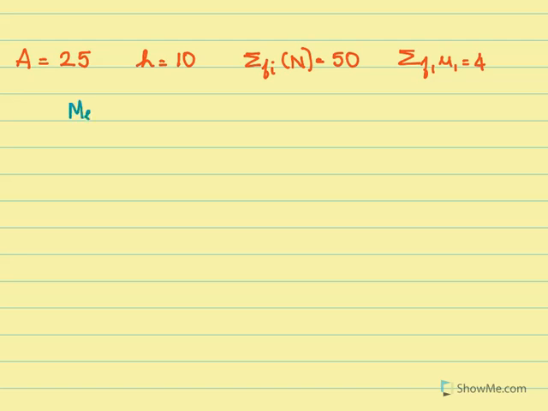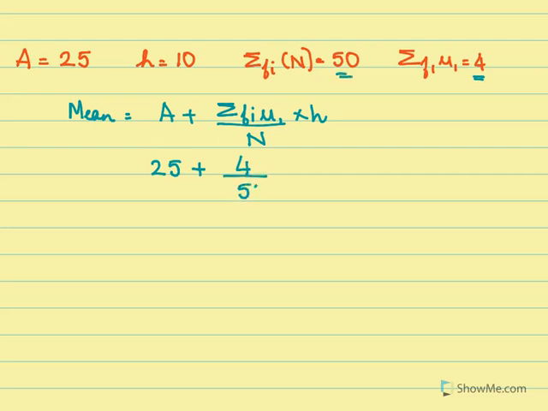The formula for mean is equal to A plus sigma fi ui over N into h. A is 25 plus sigma fi ui is 4 over number of readings were 50 and the h was 10. So into 10.